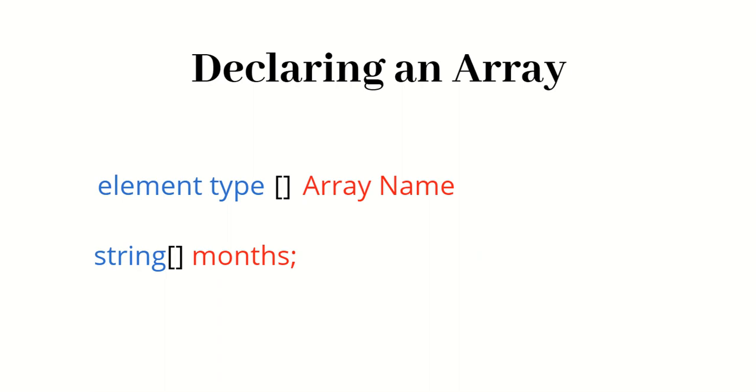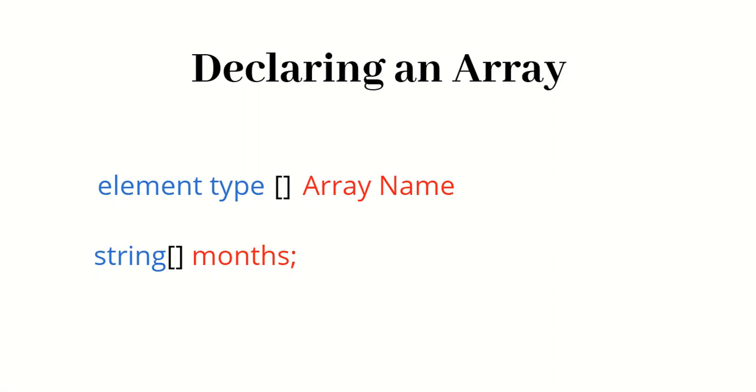Then what does homogeneous mean? Homogeneous means we can insert only one type of data element. If we put various types of data elements, then the array gives an error, actually an incompatible type error. For example, if we create a string array, then we can insert only string values.